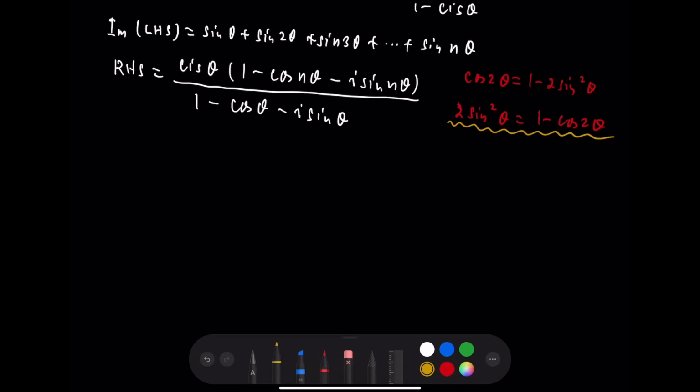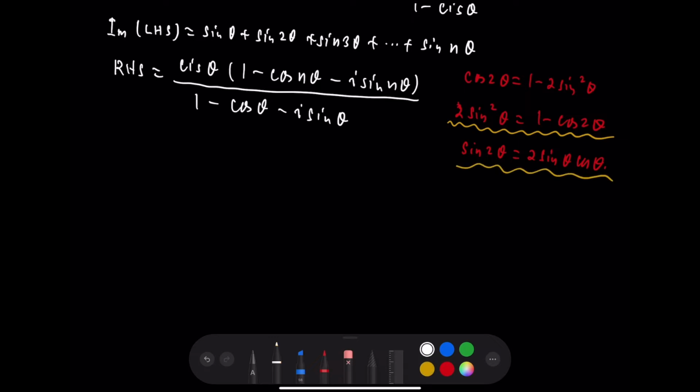And since I changed the theta into the double angle, I also have to change the imaginary parts, sine n theta and sine theta. The double angle for sine: sine 2 theta is equal to 2 sine theta cosine theta. This is another one I'm going to use. So both formulas are ready here.